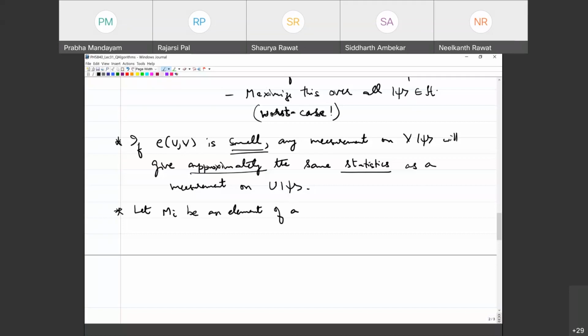I hope everyone remembers what POVMs are. There is a measurement M with associated positive operators Mi. Then you say that PU of i is the probability of outcome i if the state is U psi.